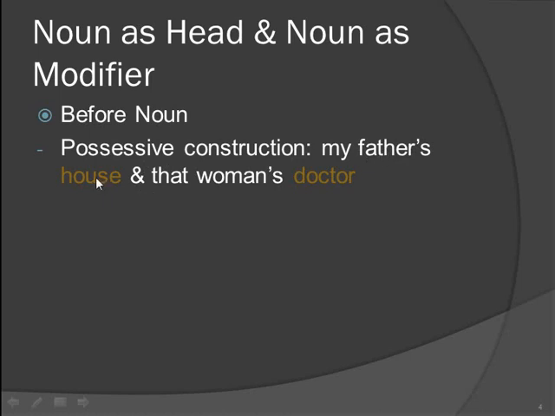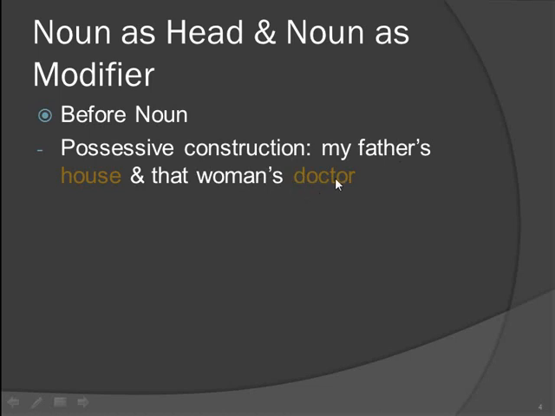So house is the head, noun as the head. Father's is also noun, but this is the modifier. Woman's doctor. So both are nouns, but the second noun is the head, and the first noun with apostrophe s is the modifier. Jadi ini noun yang menjadi penjelas noun yang lainnya.